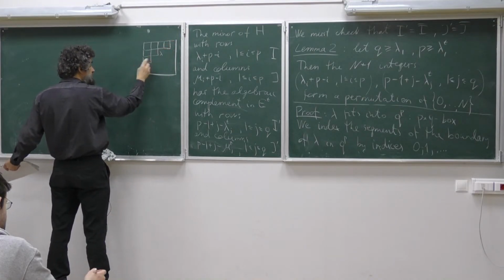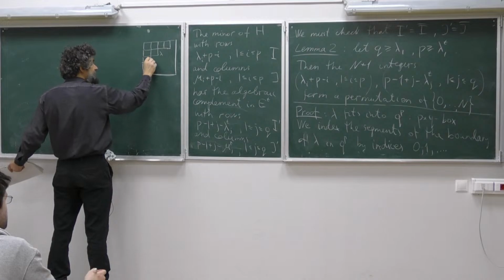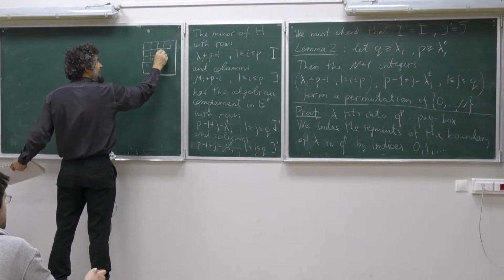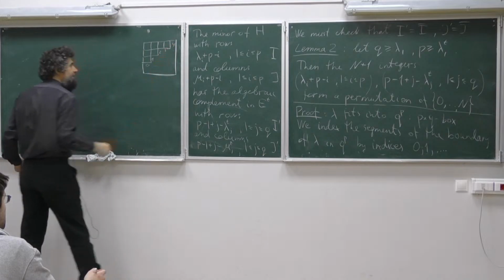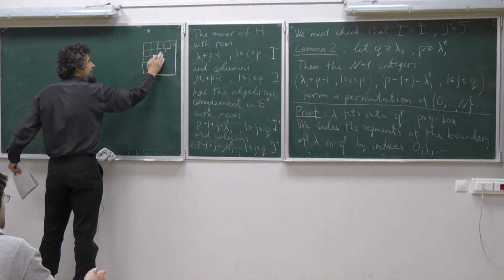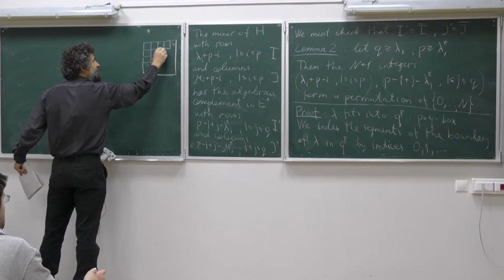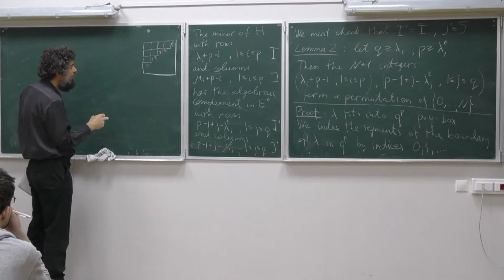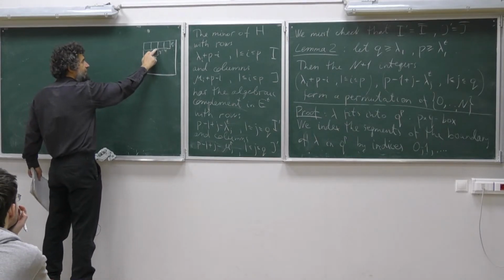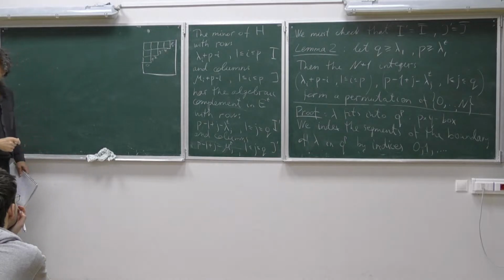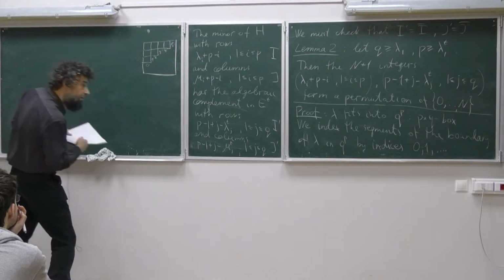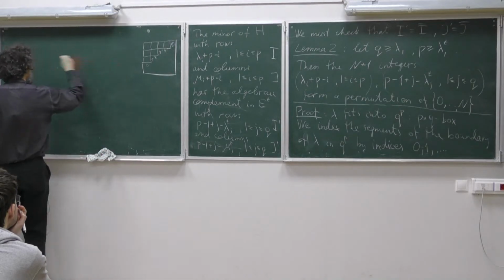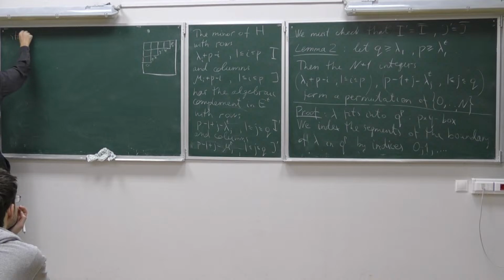And this will be 0, 1, 2, 3, 4, 5, starting from the bottom.